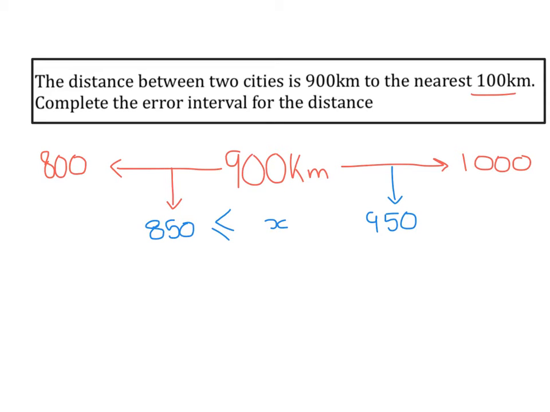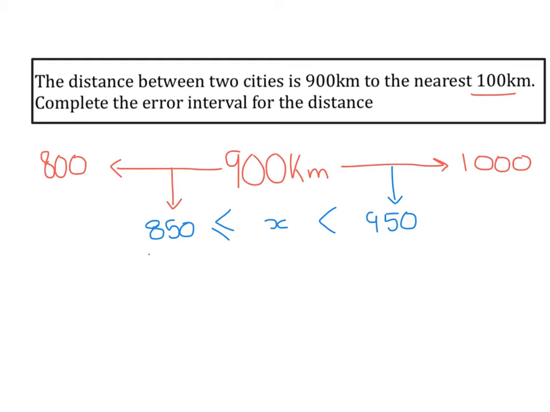But it can be 949. It could be 949.5 kilometres. It could be 949.6 kilometres, 0.7, 0.8, 0.9, 949.999999999 kilometres. So instead of putting an infinite amount of nines, we put an inequality symbol without the equal sign.